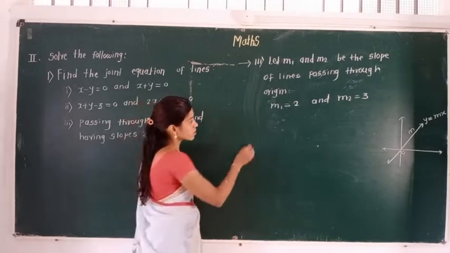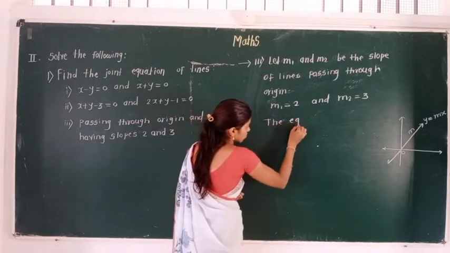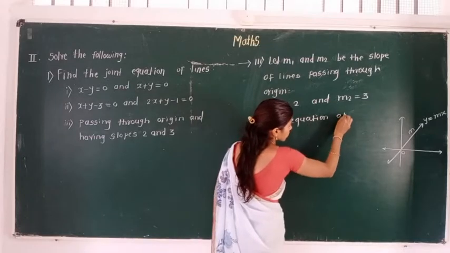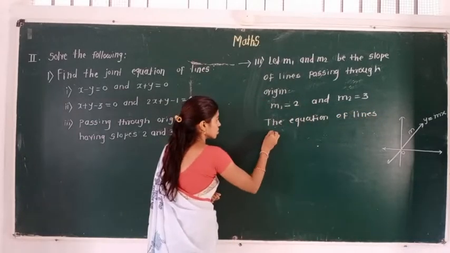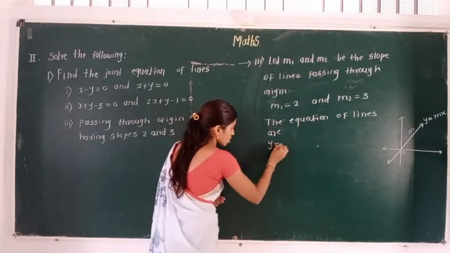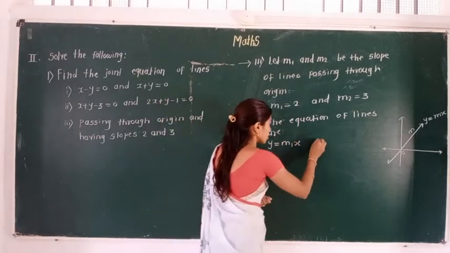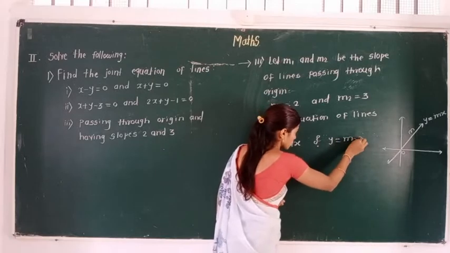So write the equations of lines are, first equation is y is equal to m1x, and second equation we write here y is equal to m2x.